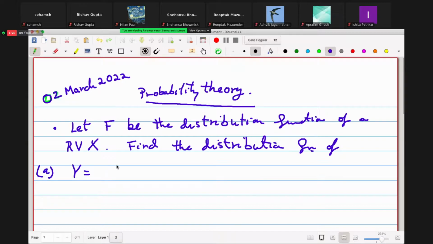Y is equal to, let us say, square root of X. It's all given in the book, I think.